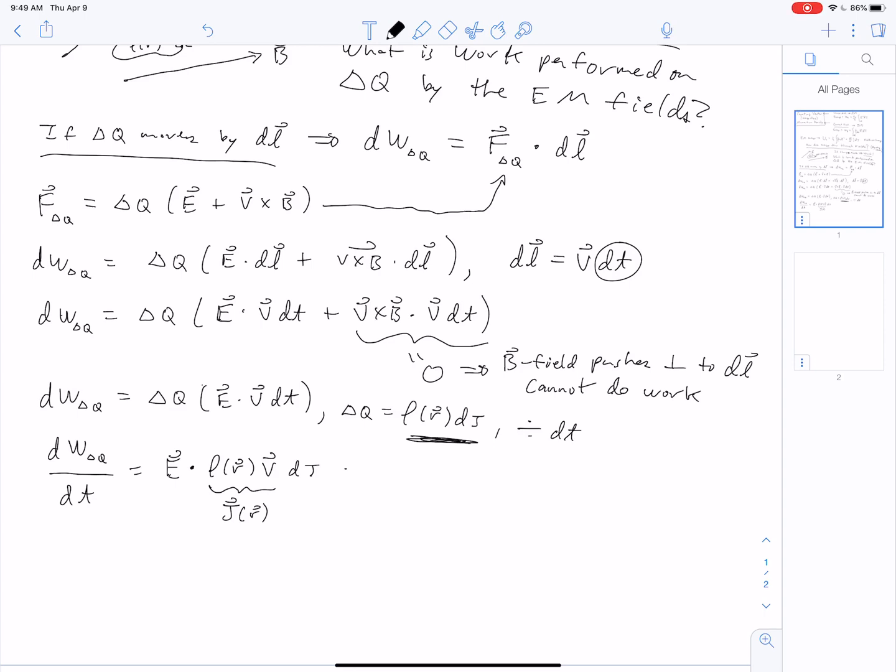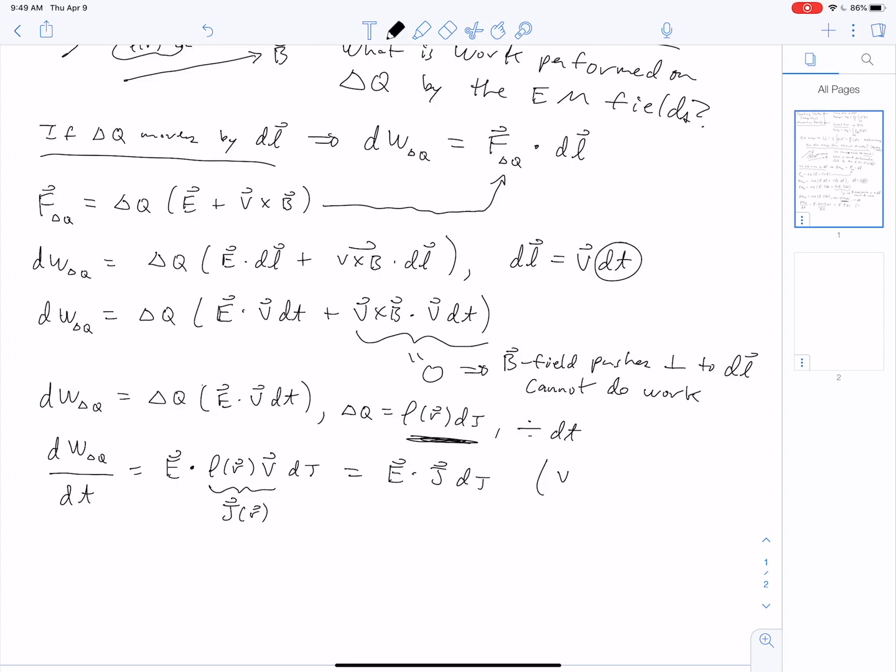And so then we get this expression that the work per time performed on the charge density is equal to E dot J d tau. And so that's the work performed on the moving current density in some small volume. And that kind of makes sense. This should remind you of this thing, V.